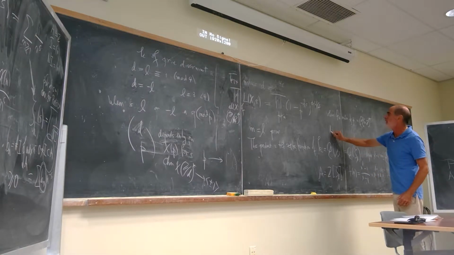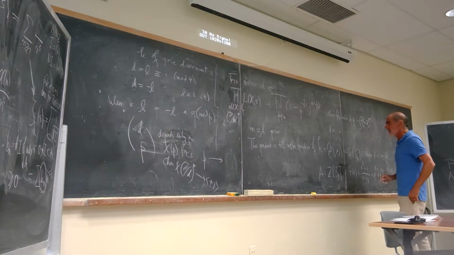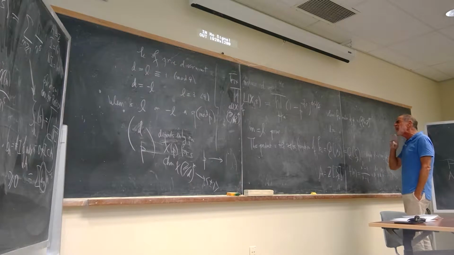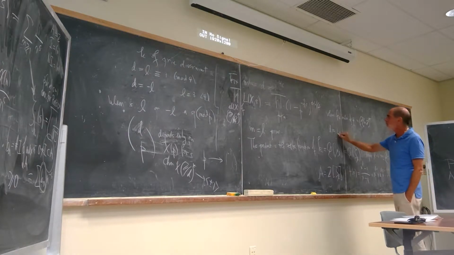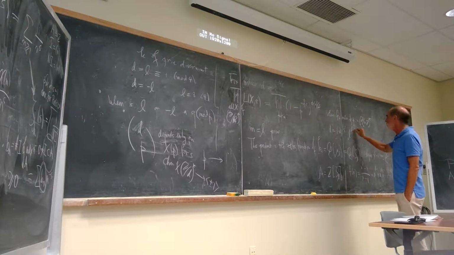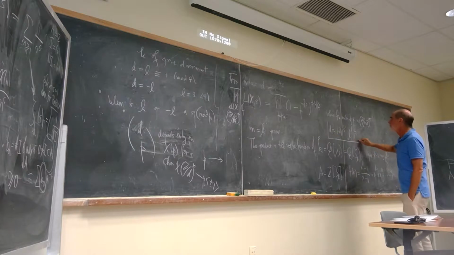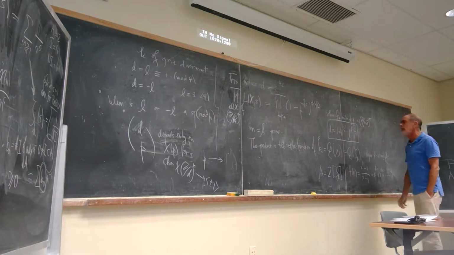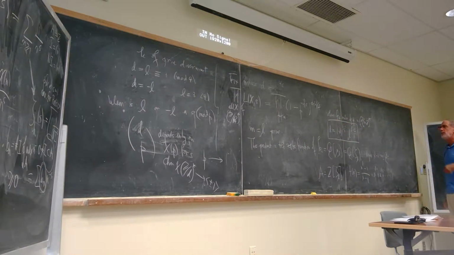This is a good exercise, if you like to do this kind of exercise. Its discriminant is minus 1 to the (L minus 1) over 2 times L to the L minus 2 power. You can check that that's a number which is congruent to 1 mod 4. Okay, so that's the ring of integers, that's its discriminant, etc.